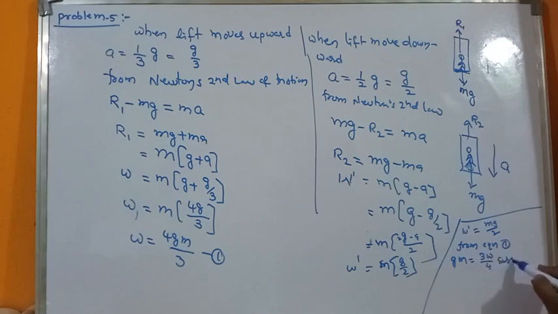Substituting in the equation for W dash, in the place of mg we write 3W by 4, so W dash is equal to 3W by 4 by 2, and that is equal to 3W by 8. This is our answer.